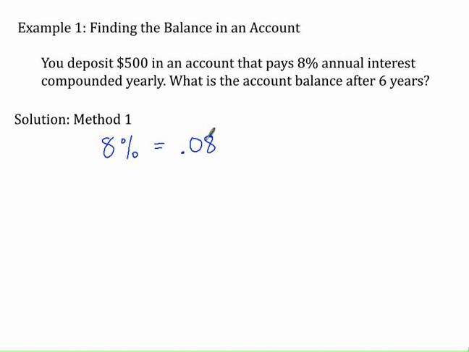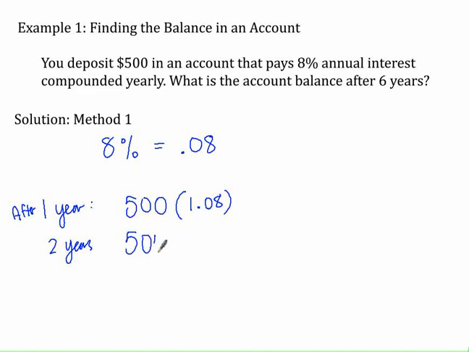So basically, if I'm finding how much it is each year, after 1 year it would be $500 times 1.08, right? 100% of it plus 8%. That would be 1 year. After 2 years, it would be 500 times 1.08 times 1.08, whatever that amount was, times 1.08.